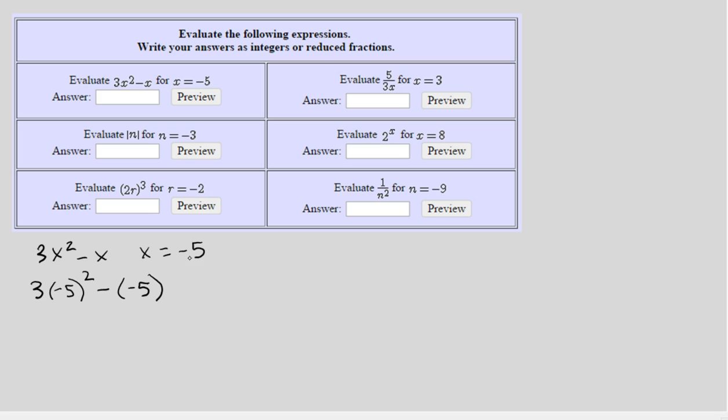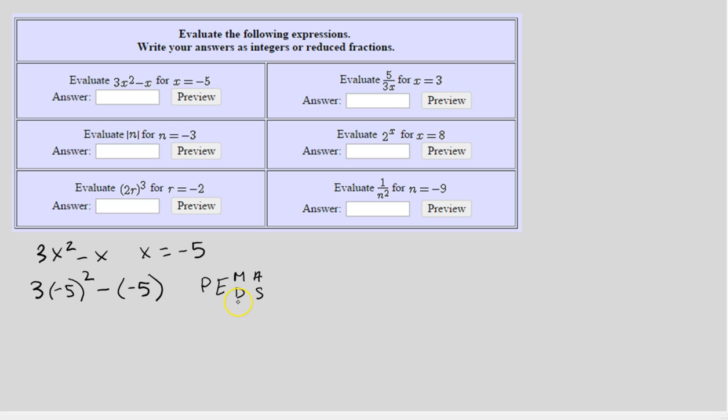So now we're just going to follow the order of operations, and remember the order of operations are parentheses, exponents, multiplication and division, and addition and subtraction. And notice that I wrote them this way because multiplication and division actually have the same order working left to right.